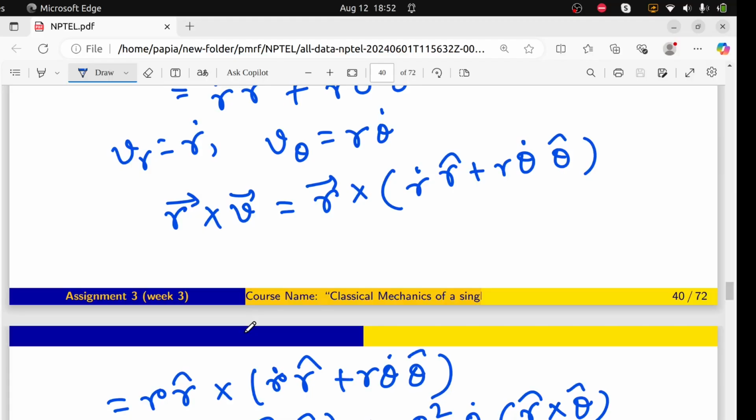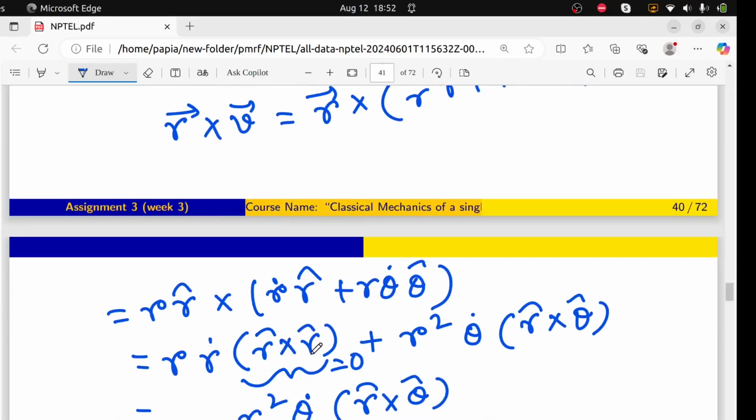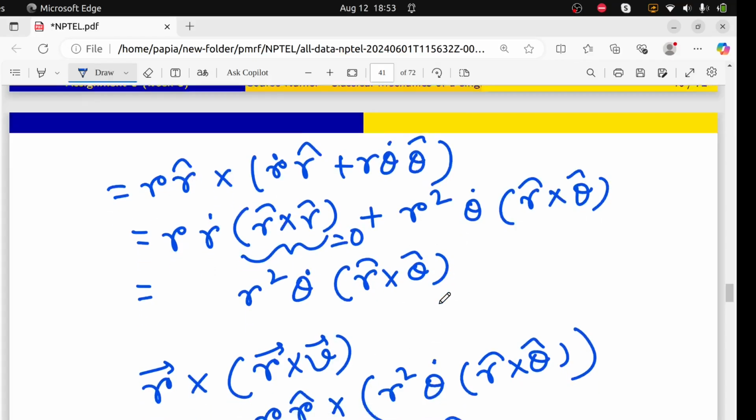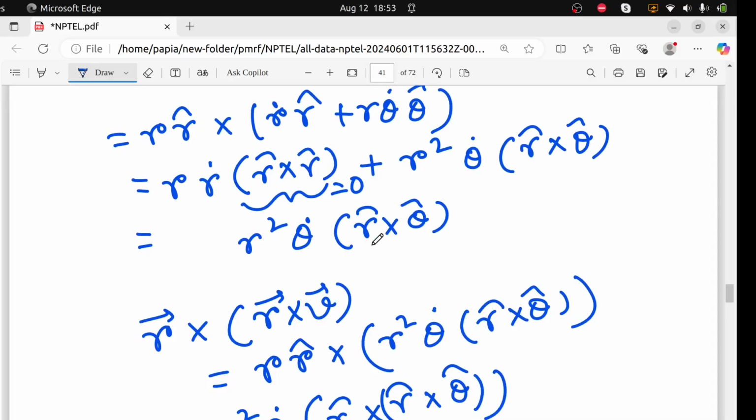So r cap plus r cap will give me 0. I can write here r cap cross theta cap. So r cap plus theta cap I just put as it is. Then the answer is r square theta dot r cap plus theta cap. Then r vector cross r vector plus v vector.